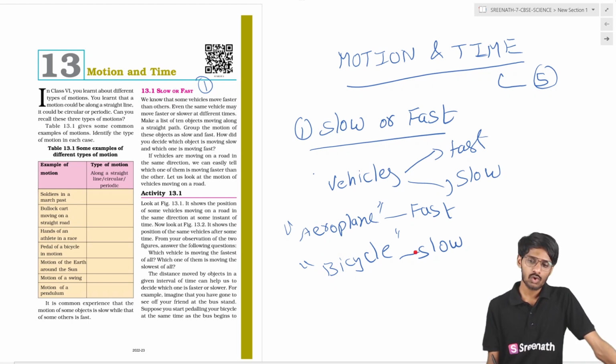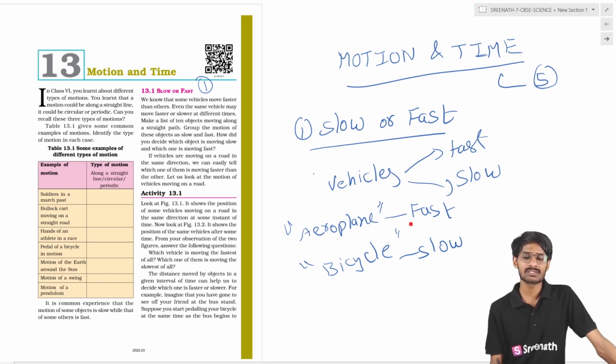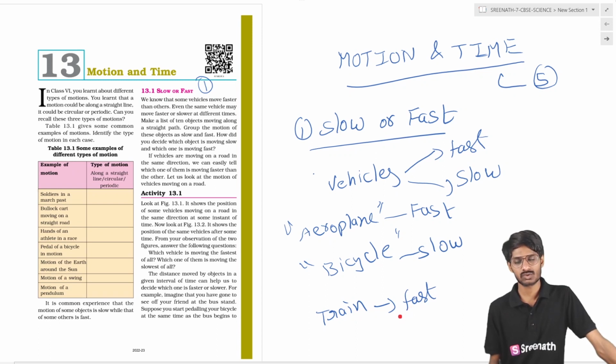Okay, students. So this bicycle moves slow when compared to other vehicles, and this aeroplane moves very fast. Now there is a train. It can move much faster when compared to some vehicles, and it can move slow also.